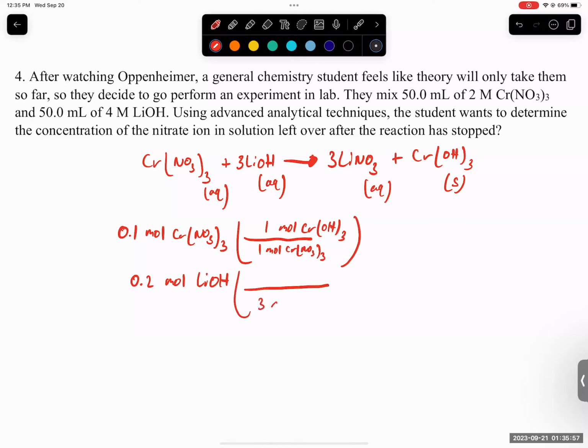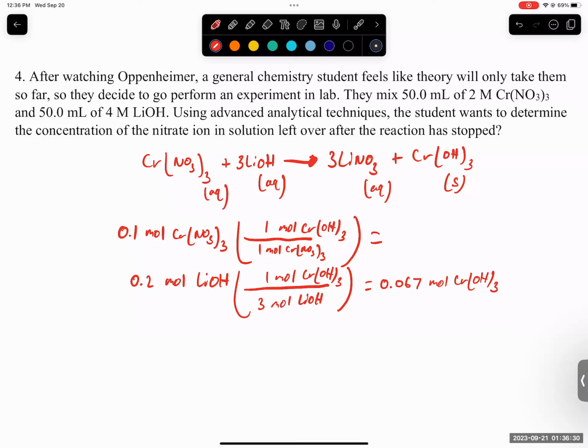For every 3 moles of lithium hydroxide, there is 1 mole of chromium hydroxide. With that being said, what will our limiting reactant be? Lithium hydroxide. So 0.2 divided by 3 is 0.067 moles chromium hydroxide.